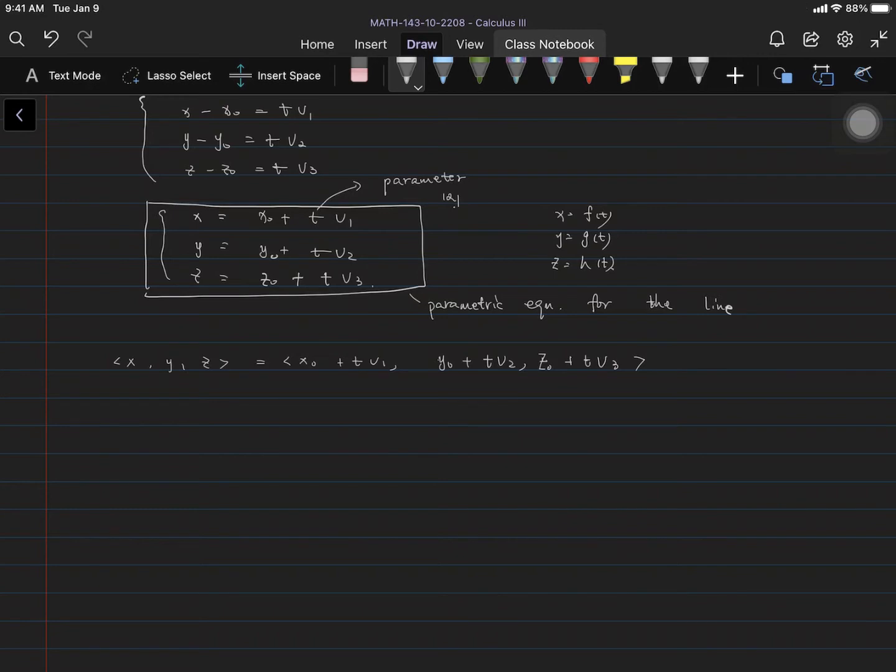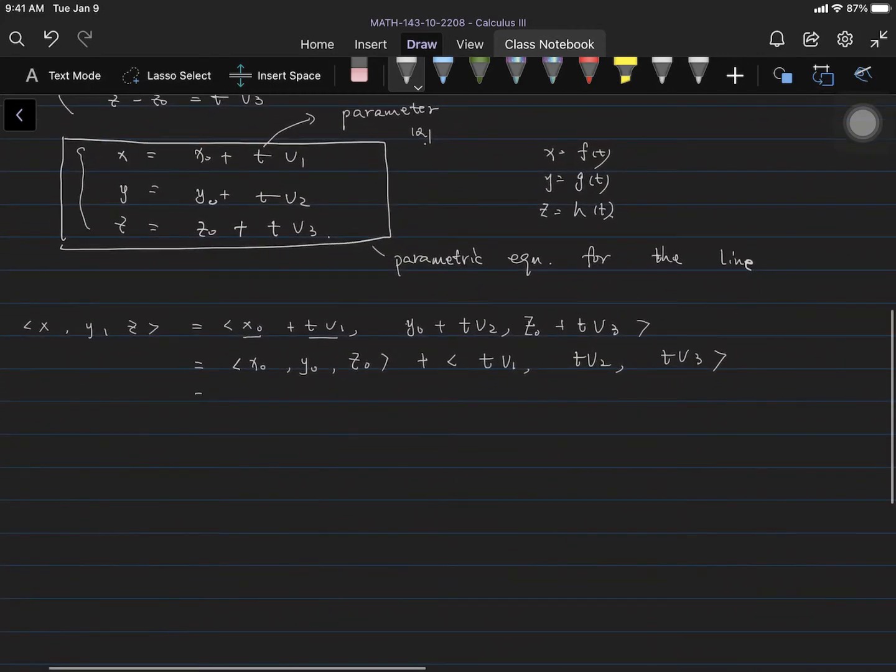For the right side of the equation, we separate this vector into the sum of two vectors: x naught, y naught, z naught, plus tv1, tv2, tv3. Then we rewrite this, factoring the t out because it's a scalar, times v1, v2, v3.